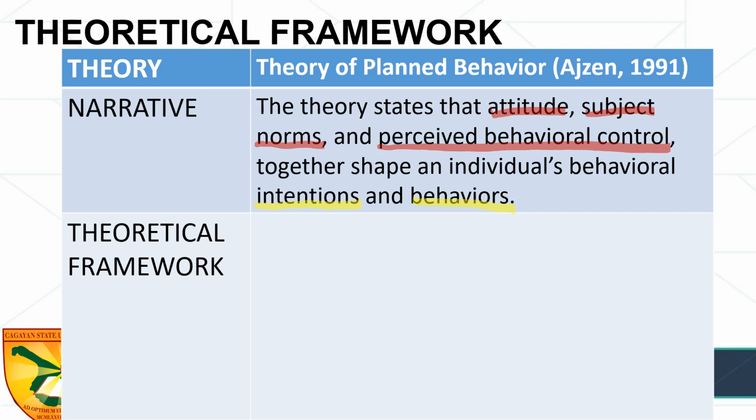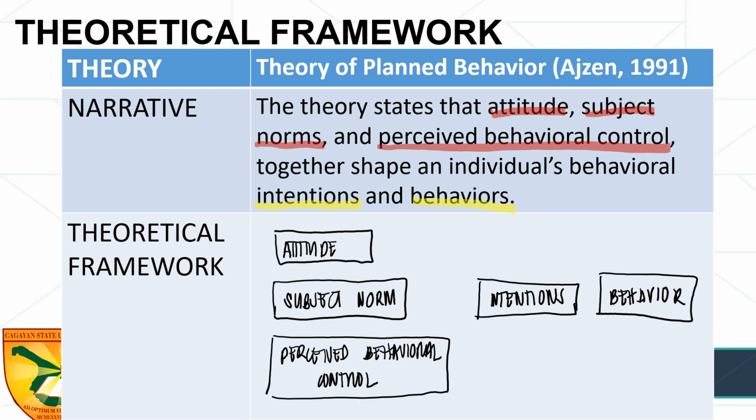So the theoretical framework for this will look like this. So again, this theory states that your attitude, subjective norm, and perceived behavioral control all together shape an individual's intentions and behaviors.